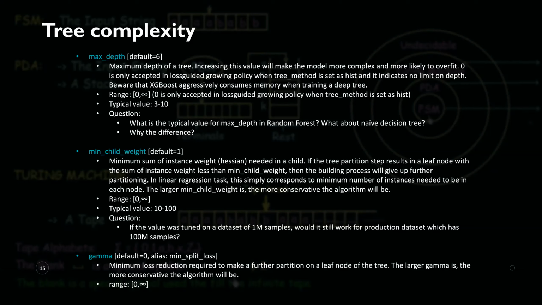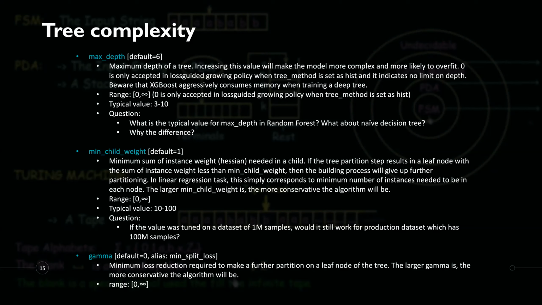To this end, there are a few hyperparameters we can deal with. The first is max depth, which is probably the most influential parameter for XGBoost because it controls the overall complexity of the model. For each parameter, I listed the default values, the possible range, and the typical values. For max depth, the typical value is 3 to 10.